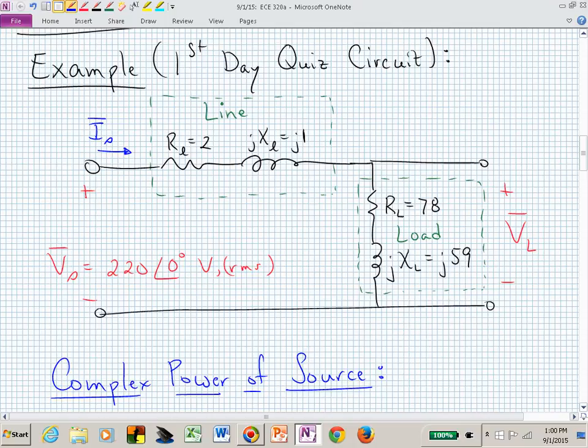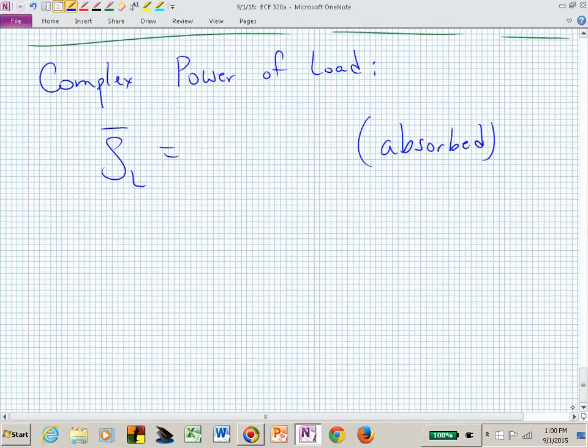Do you know the formula? V sub L, I sub L star, and I sub L is the same as I sub S, isn't it? And it has a positive sign because the current is going into the positive terminal. This is the same as the current that we just found, since everything is in series.